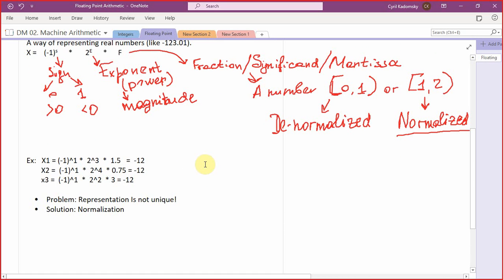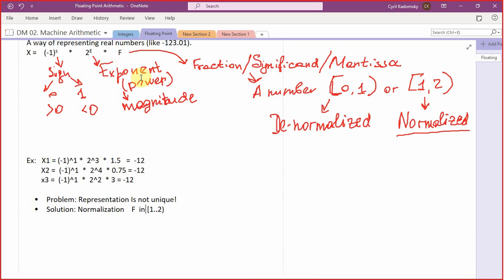The normalization is a simple rule that says that the fraction, this f value, last one, must be in range from 1 to, let's do it like this, from 1 to 2.